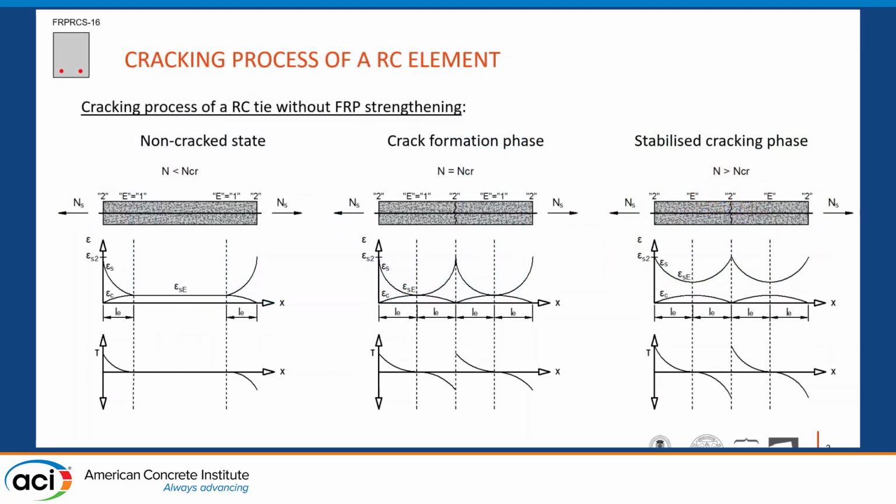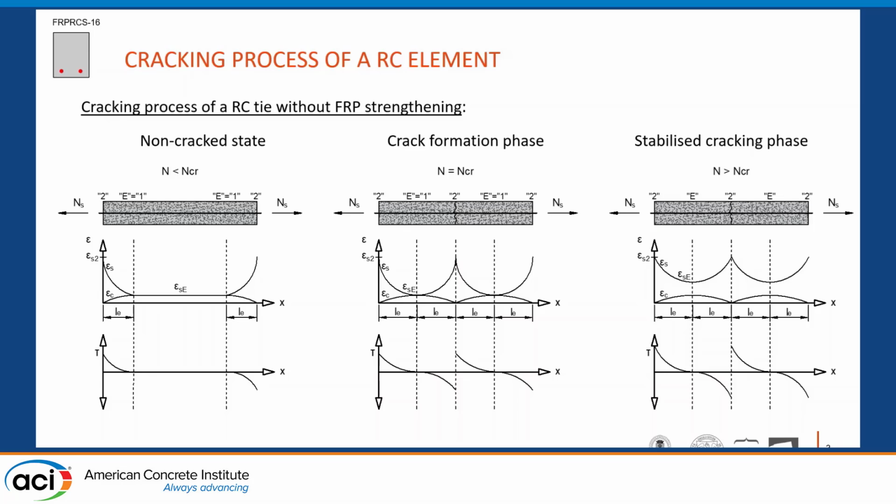If we go back to the cracking problem that we teach in our classes, and we explain the cracking process of a reinforced concrete tie, we all know that there is a non-cracked stage. In this stage, apart from the transfer length, we have full compatibility of strains in all the sections. This means that the strain in the concrete and the strain in the steel are the same.